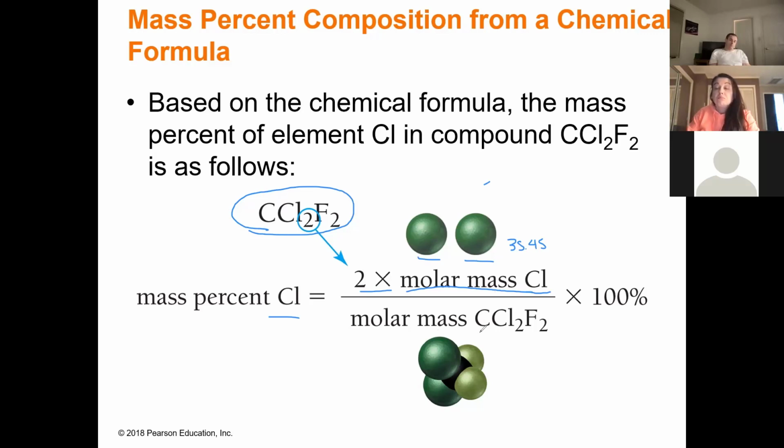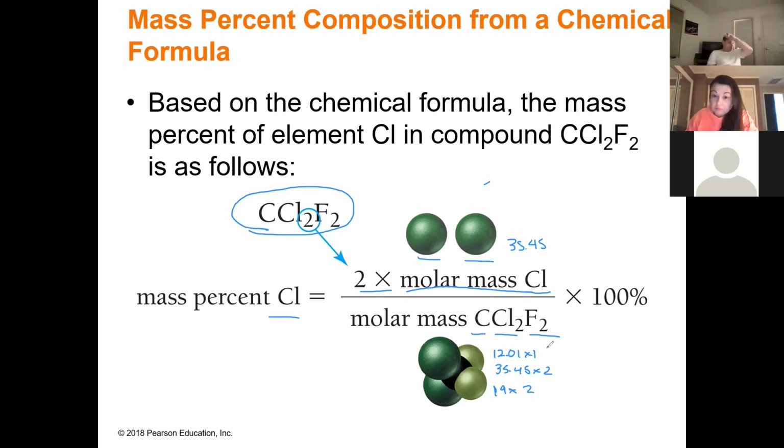So I would take the mass of 1 carbon, 2 chlorines, and 2 fluorines. Carbon has a mass of what? 12.01, and there's 1 of them. Chlorine has a mass of 35.45, and I have 2 of them. Fluorine has a mass of 19, and I have 2 of them.